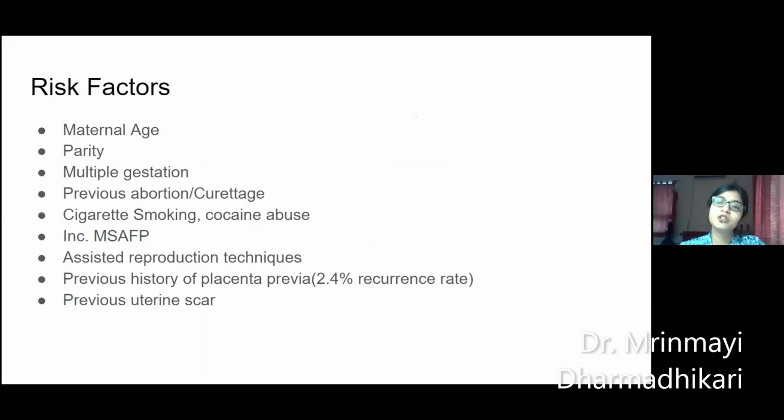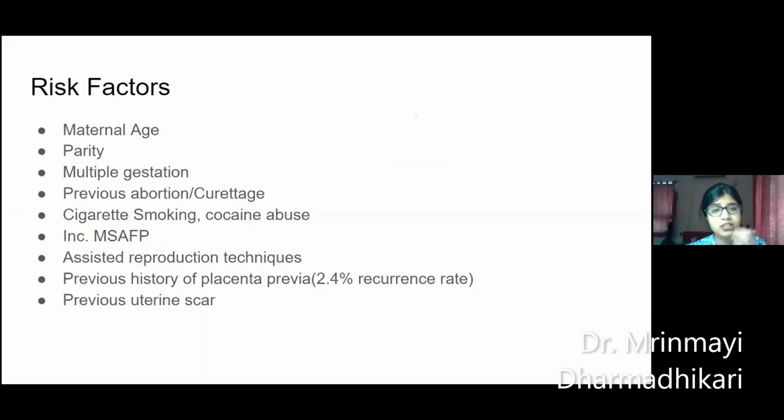Okay. Coming to the risk factors: maternal age, parity, multiple gestation. All of us know that in cases of multiple gestation, the size of the placenta is larger as compared to singleton pregnancy. So there is increased chance of this placenta encroaching upon the lower uterine segment, giving rise to placenta previa.